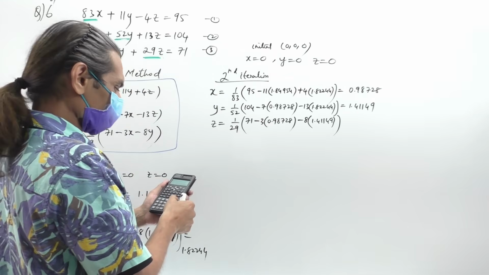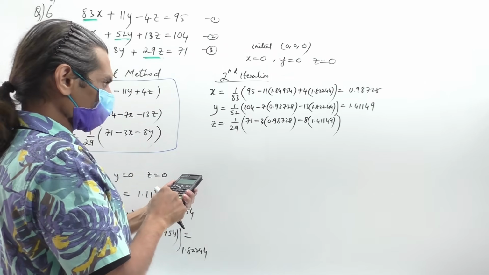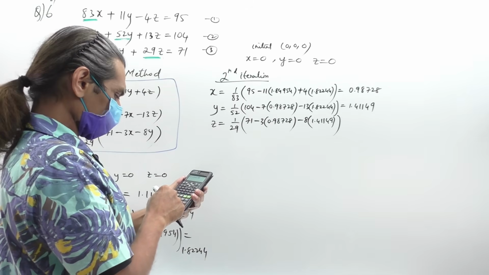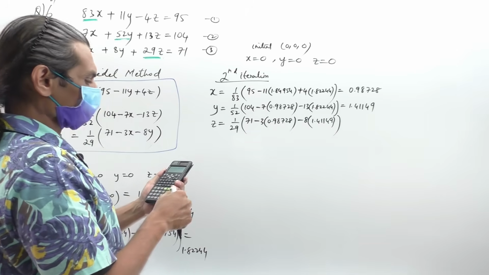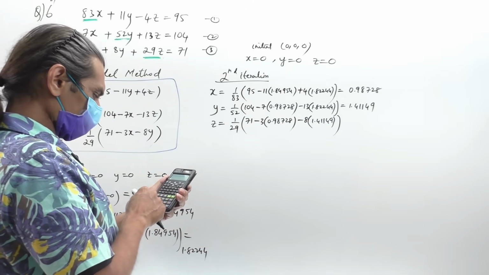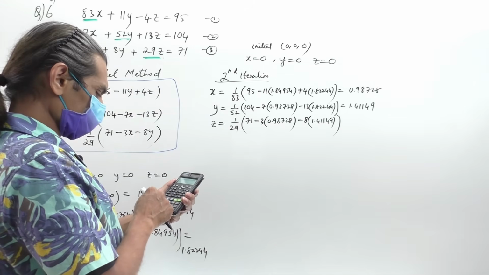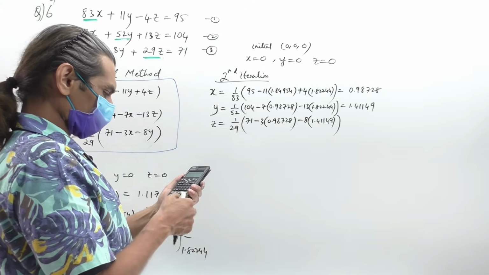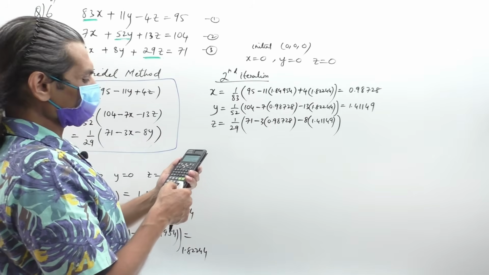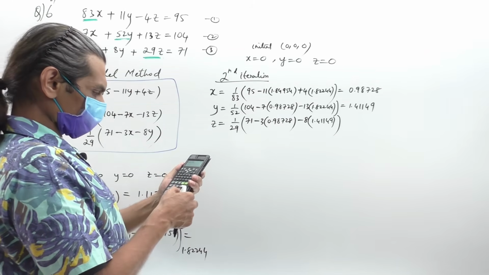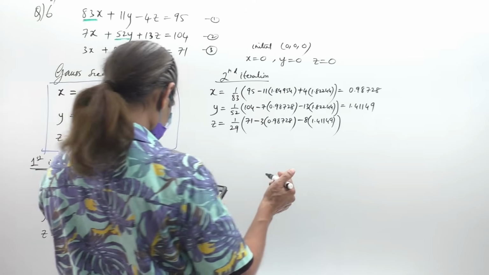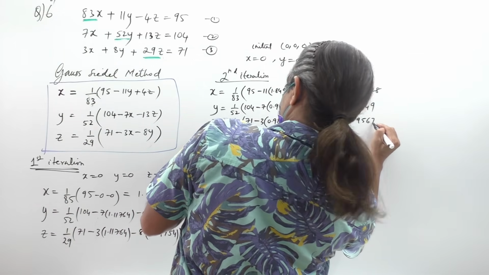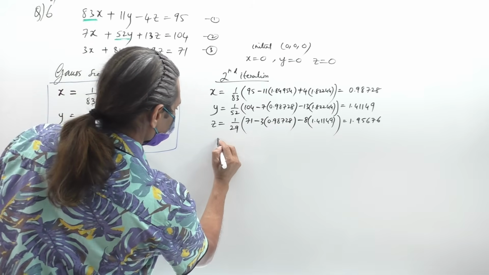So that will be 71 minus 3 into 0.98728 minus bracket 8 into 1.41149 bracket closed, divided by 29, is equal to 1.95676.